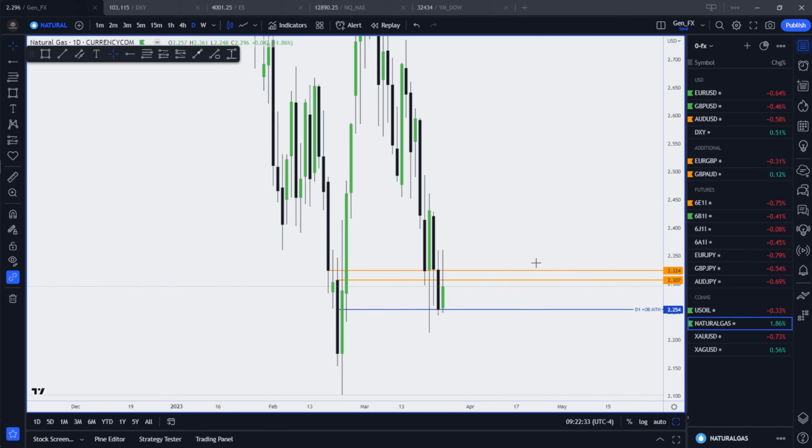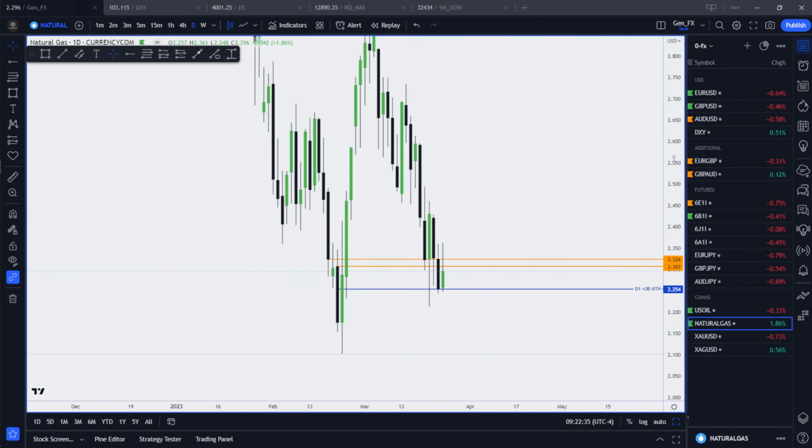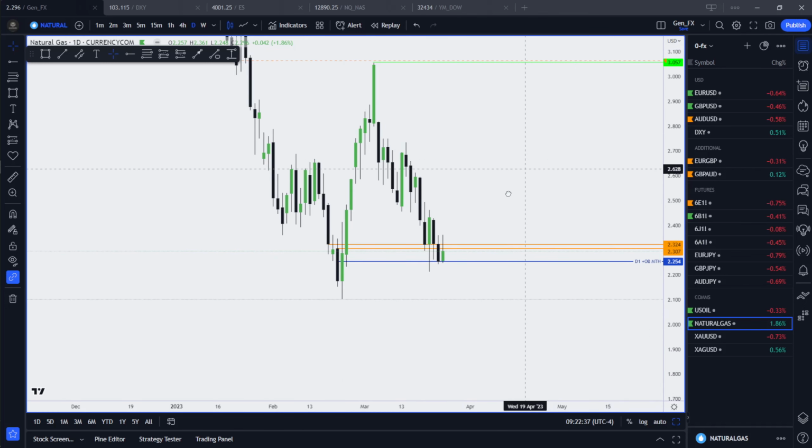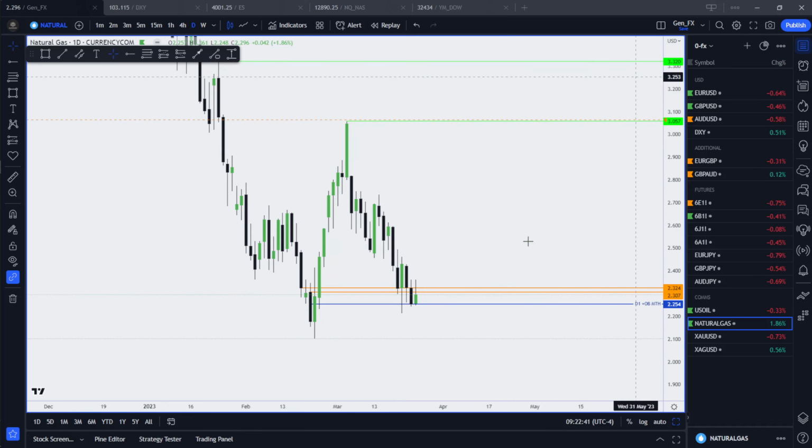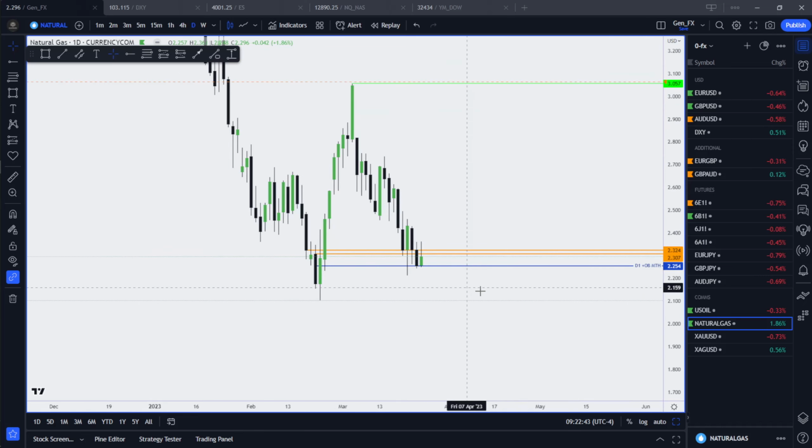over natural gas. Now on a swing basis, fundamentally this will be trading much higher. Just give it some time. I'm personally holding some natural gas myself on the longer run. But yeah, we need to be patient with this one.